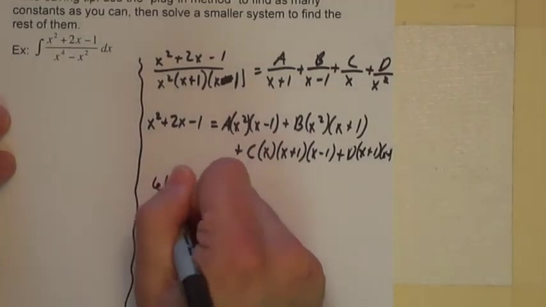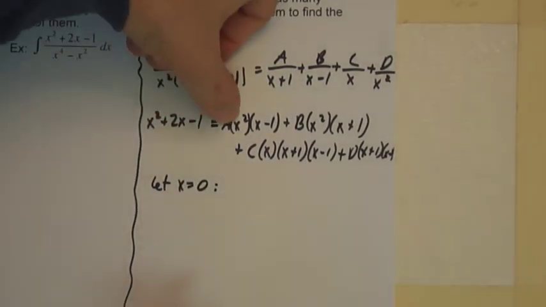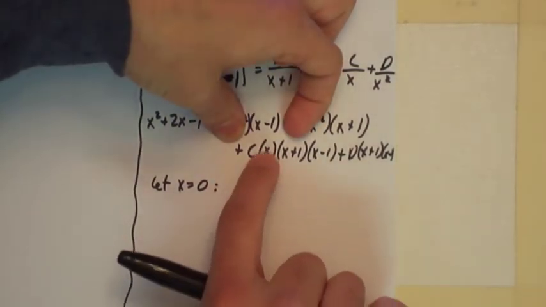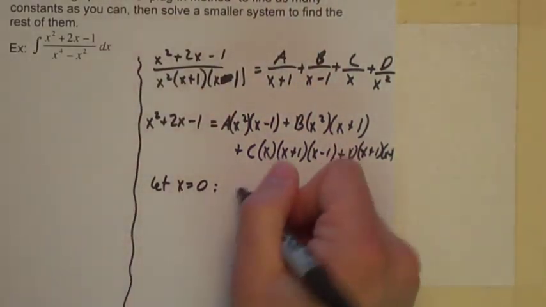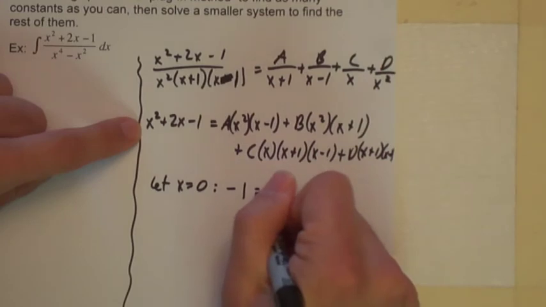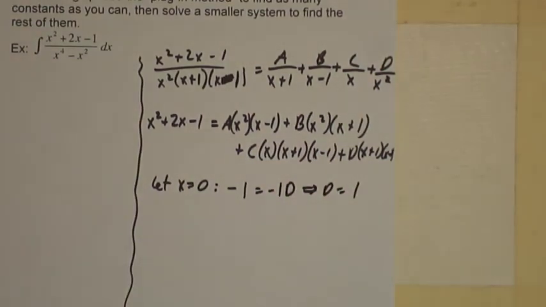So let's do it. If we let x equals 0, for example, the x squared becomes 0. So the A term, the B term, and the C term here, because of that x, drop out. And we're just left with the D term. So we get minus 1 on this side equals negative 1 D, giving us immediately D equals 1.